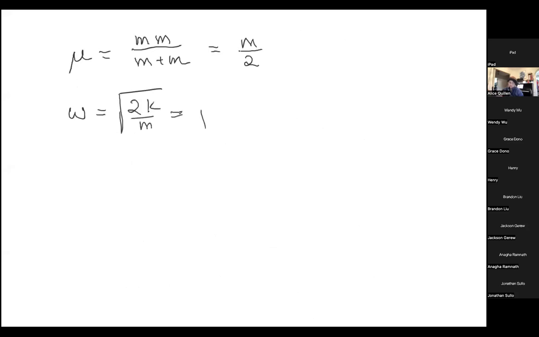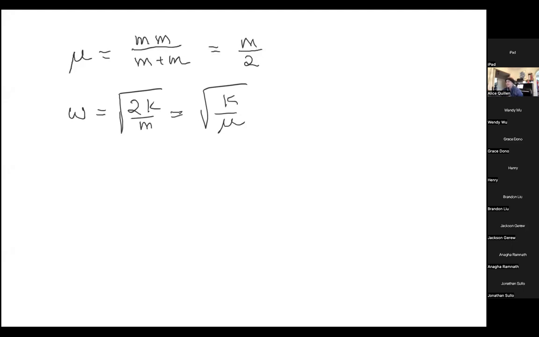Supposing I write the reduced mass, since I have two equal masses, it's m over m plus m, and this is equal to m over 2. So omega, which looked like k over m, I can also write like this. So not surprising. So yeah, that's the equivalent. So this is more general.